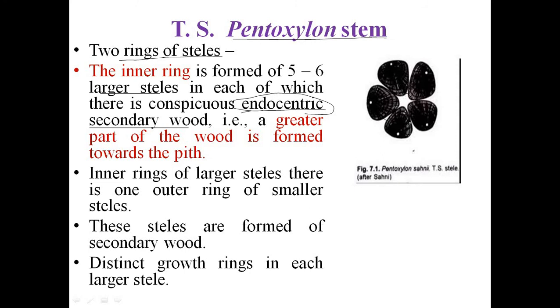You can observe here it is towards the pith region. That's why this is named endocentric secondary wood. Outside the inner ring of larger steles, there is one outer ring of smaller steles, and together they form the secondary wood.